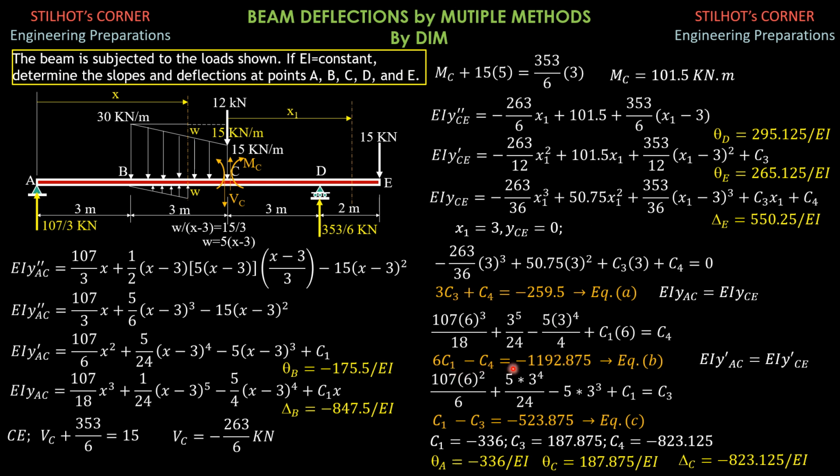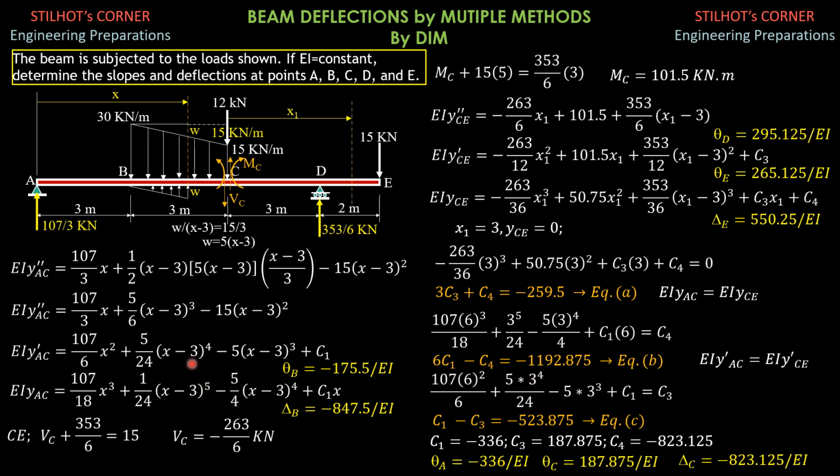So for AC, 107 over 18 times 6 cubed plus quantity 6 minus 3, so 3 to the 5th over 24, then minus 5 times 3 to the 4th over 4, then plus c sub 1 times 6. Then at the right side, it is just c sub 4 because x1 is 0. So simplifying, we have 6 c sub 1 minus c sub 4 equals negative 1192.875. Call that equation B.